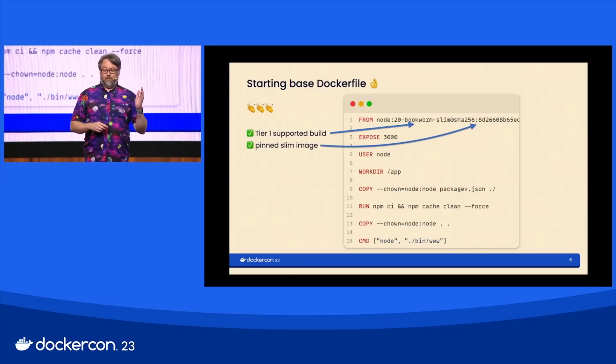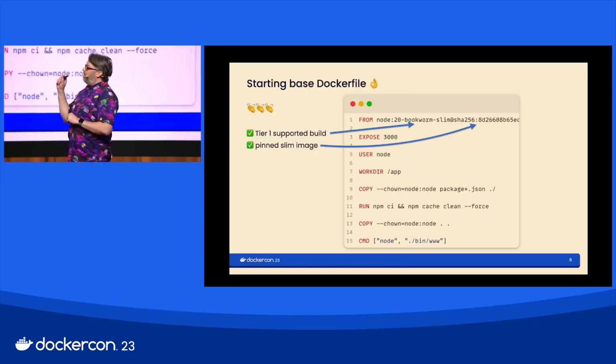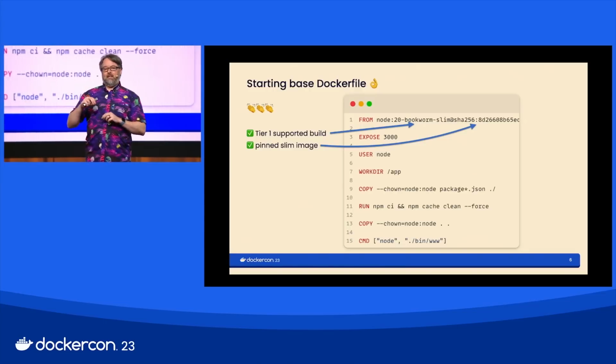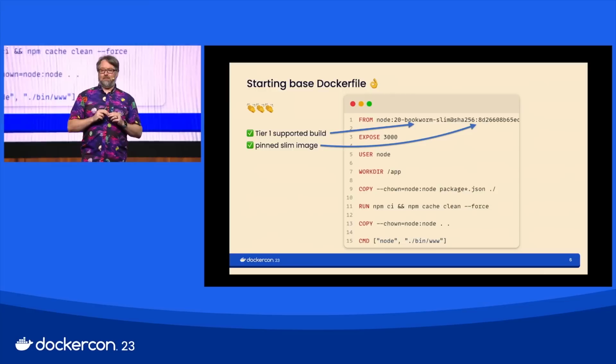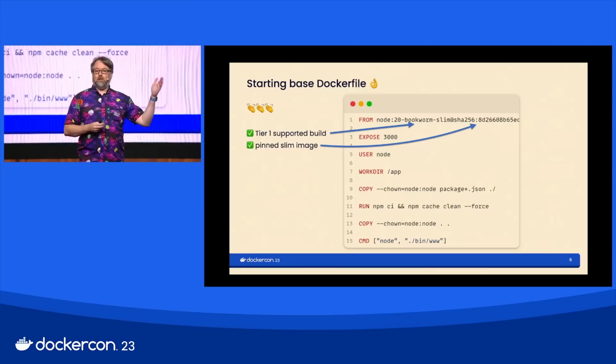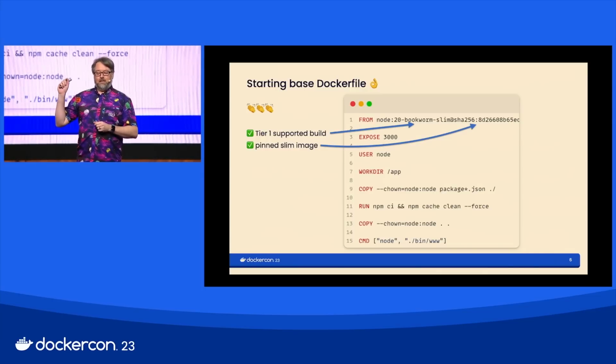Next up, we're pinning the image. In case you didn't know about pinning of images, it's been around a while, but I can guarantee that I'm getting the exact same base image because tags can be reused, right? In this case, I'm using Node 20, so I'm not pinning to the patch level version, but I am SHA-hashing it.